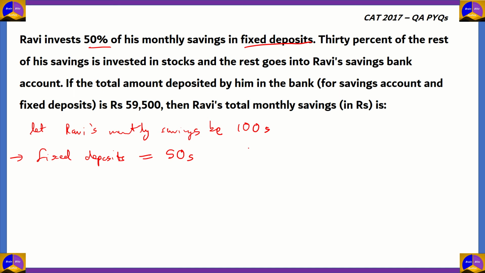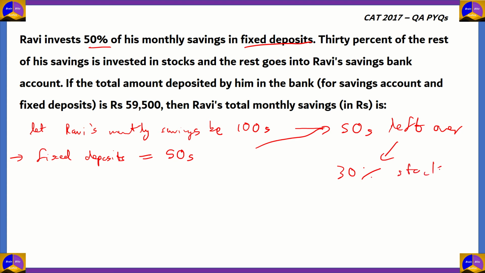Now this means 50s of his money is left over after putting it in fixed deposits. Now, from this 50% leftover, 30% is in stocks, and the rest of it is in the savings bank account.